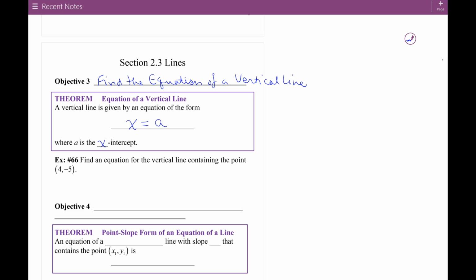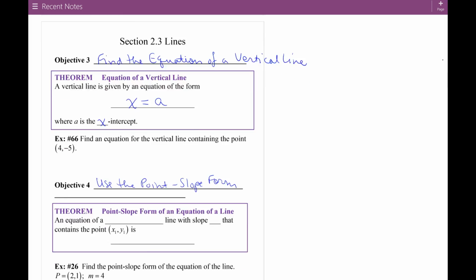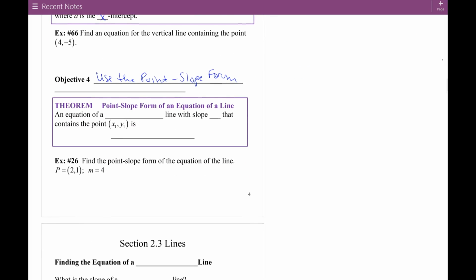And then we have objective 4, use the point slope form of a line, and identify horizontal lines.